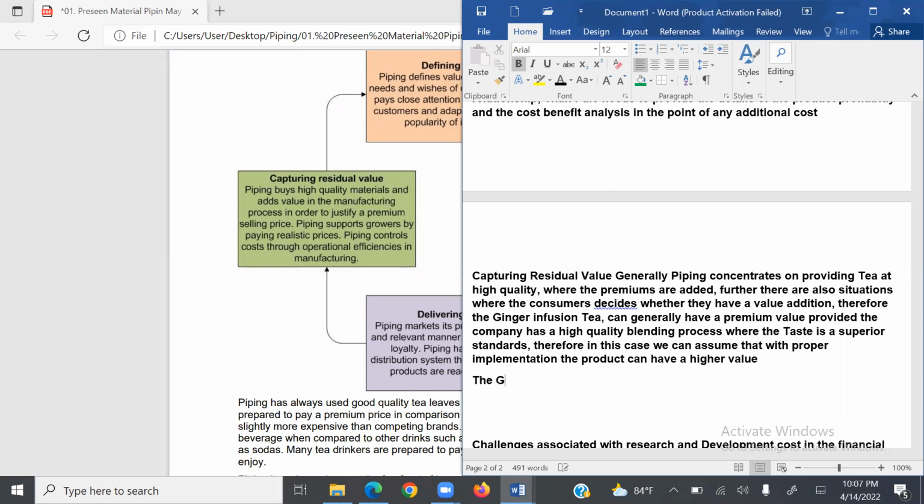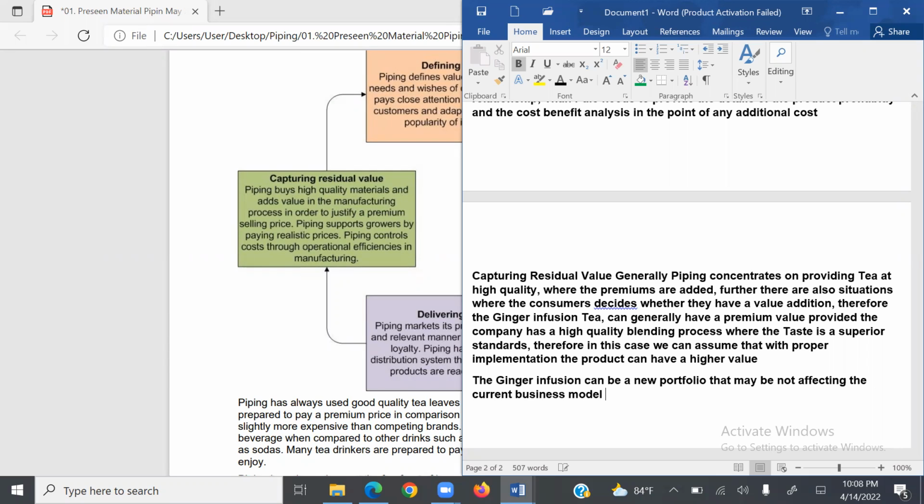The ginger infusion can be a new portfolio that may not affect the current business model, but in the case of poor quality standards, the main product also can get affected.